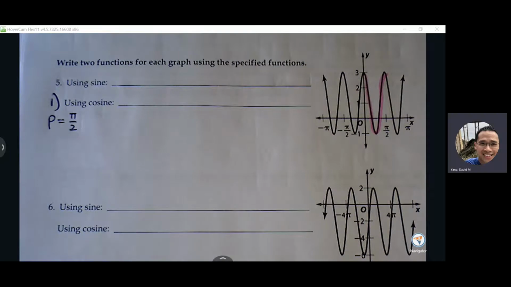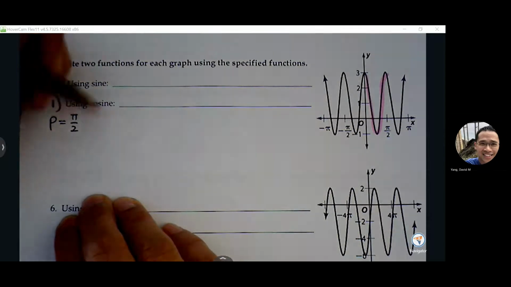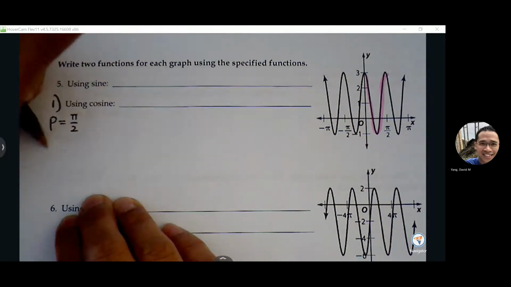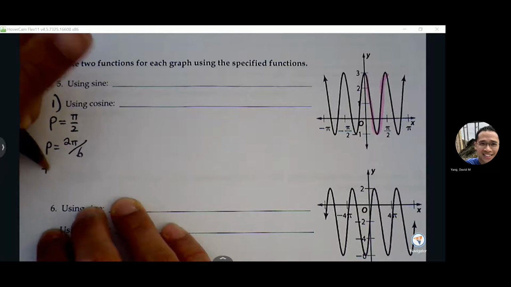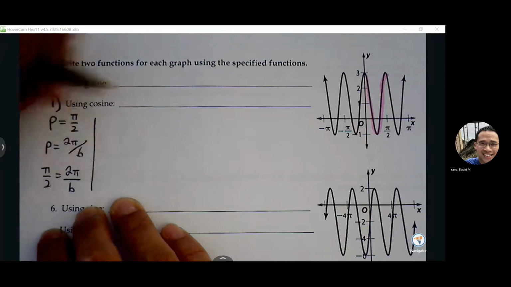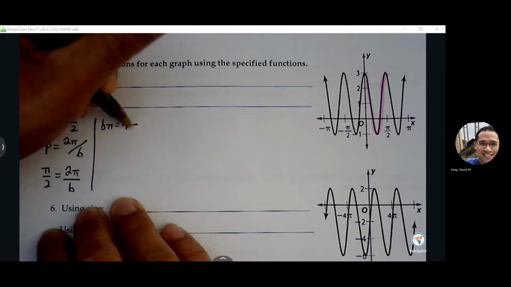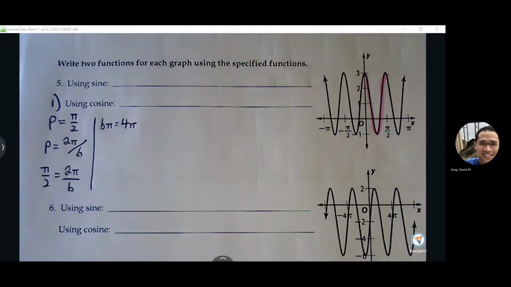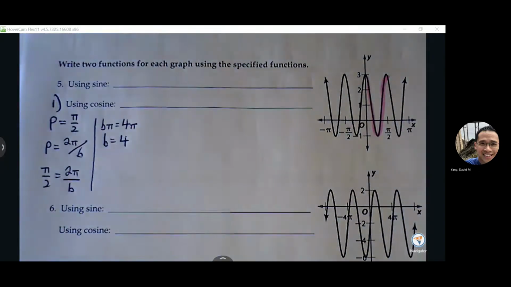Let's find our b value. Okay, b is equal to 4.